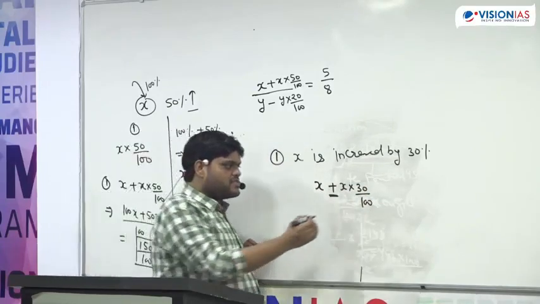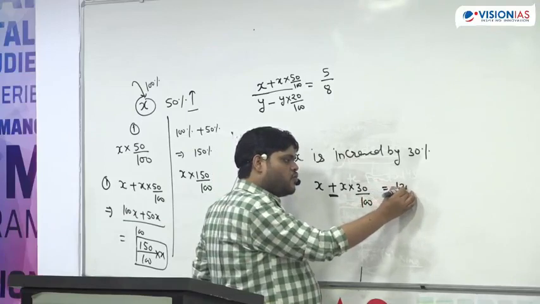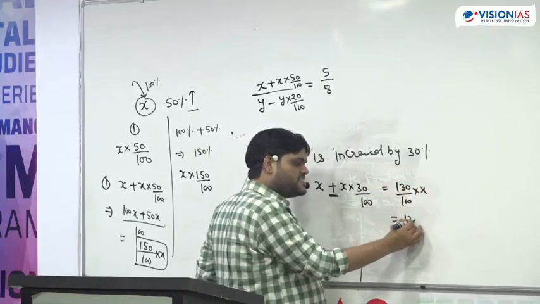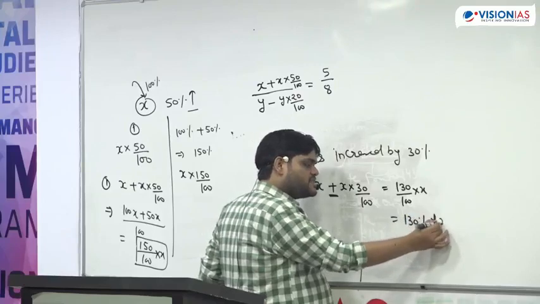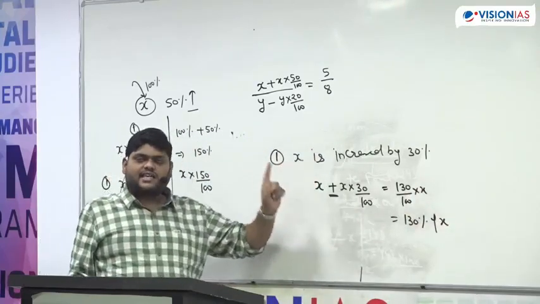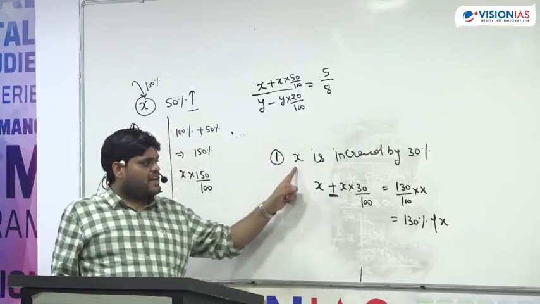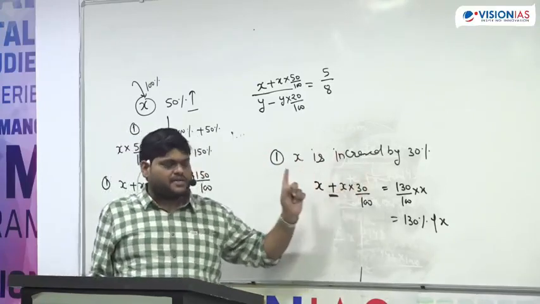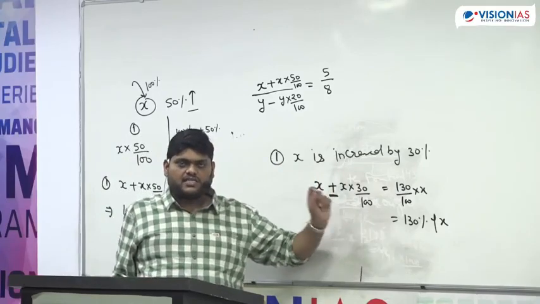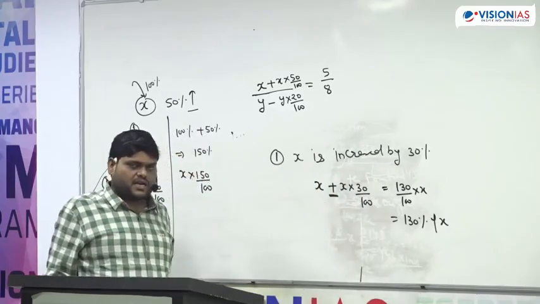So now this quantity becomes 130%, or simply we can say 130% of x. You can think of x in itself was 100%. When x is increased by 30%, that means the number becomes 130%.